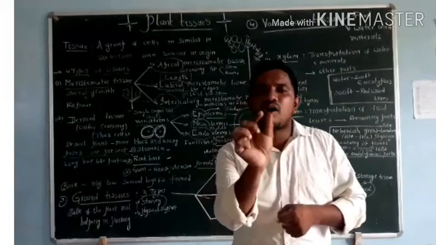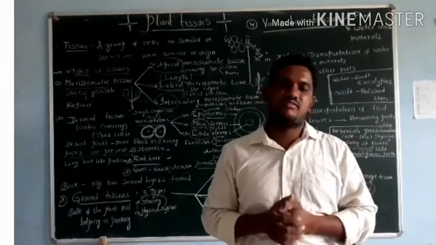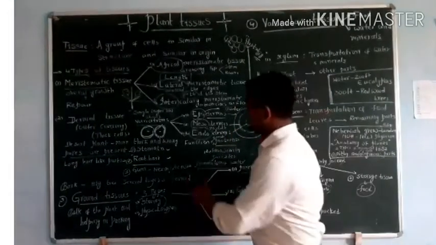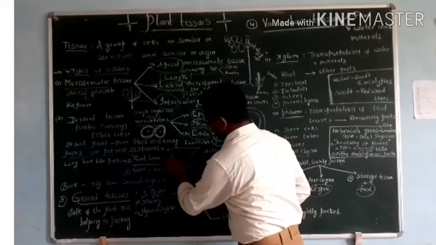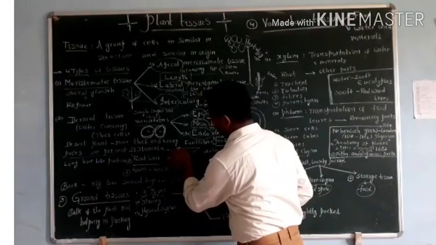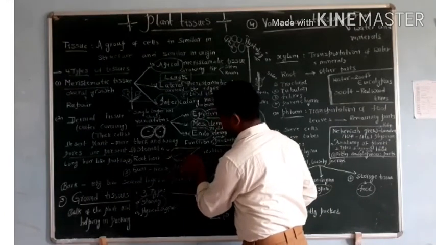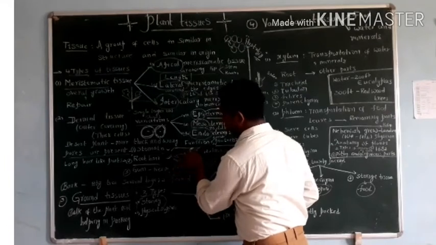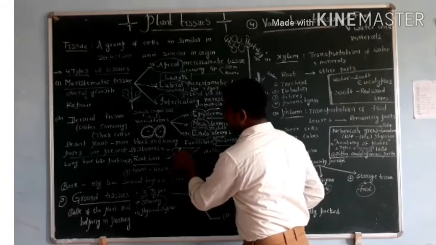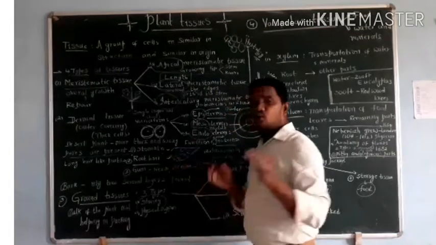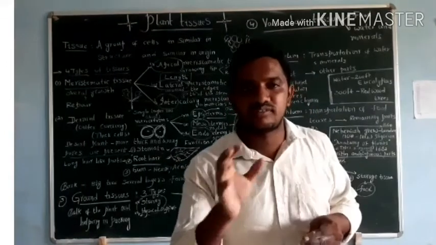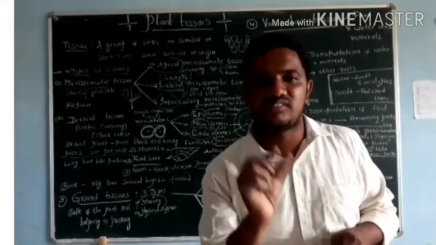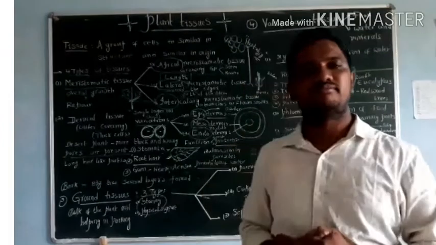These are small pores present on the leaves. For example, this is a leaf. The leaf contains small pores, and those small pores are called stomata.